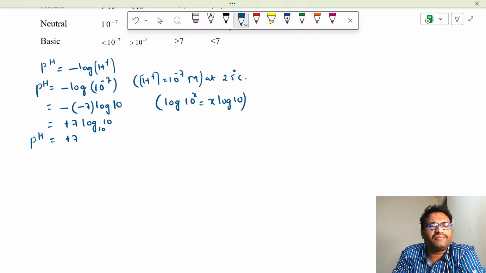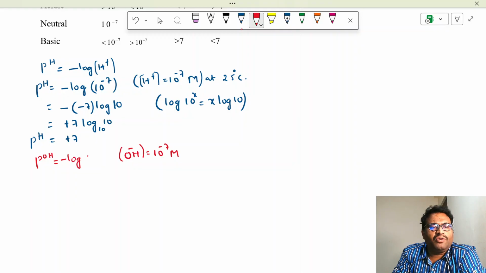So pH. In the same way, pOH. OH minus ion concentration is equal to how much? 10 power minus 7 molar. Then pOH will be what? Minus log OH minus ion concentration.